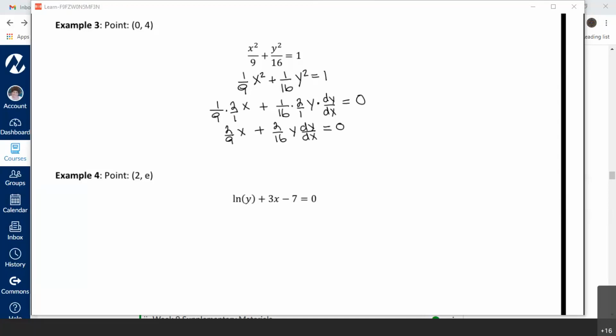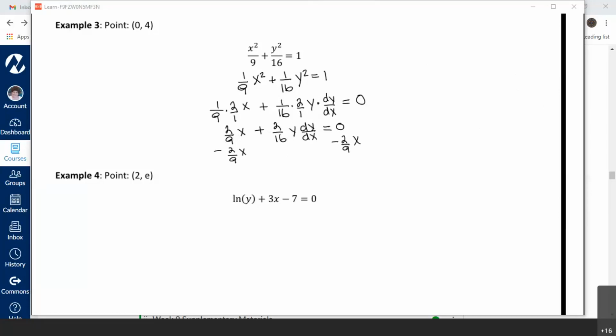Here's another tip: don't mess with the fractions until later on, because this may cancel out some stuff. So I'm not going to try to reduce 2/16 or any of that. I'm just going to solve for dy dx. You can see I got two terms here, 2/9 x and 2/16 y dy dx. This is the term with dy dx in it. This is a positive term, so I'm going to subtract that term to get it over here.